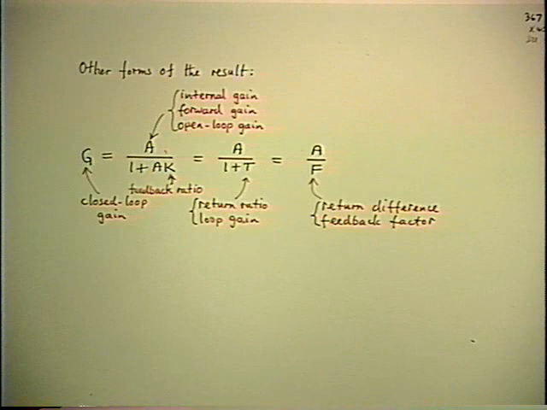And the problem with doing that is that when you break the loop, you actually change the values of A and K, because in most practical electronic circuits, there is an interaction between the two.